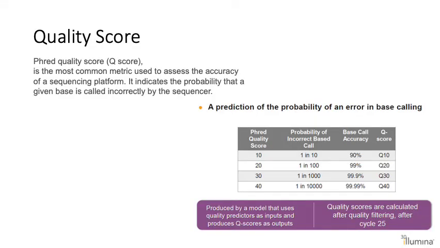During data analysis, a quality score is assigned to each base call. Phred quality scores, also known as Q-scores, are the most common metric used to assess the accuracy of a sequencing platform. The Q-score indicates the probability that a given base is called incorrectly by a sequencer. For example, a Q-score of 30 is equivalent to the probability of an incorrect base call 1 in 1,000 times.